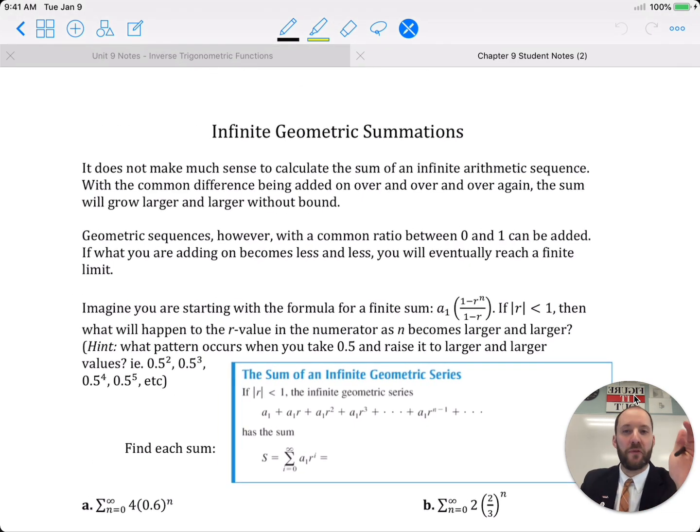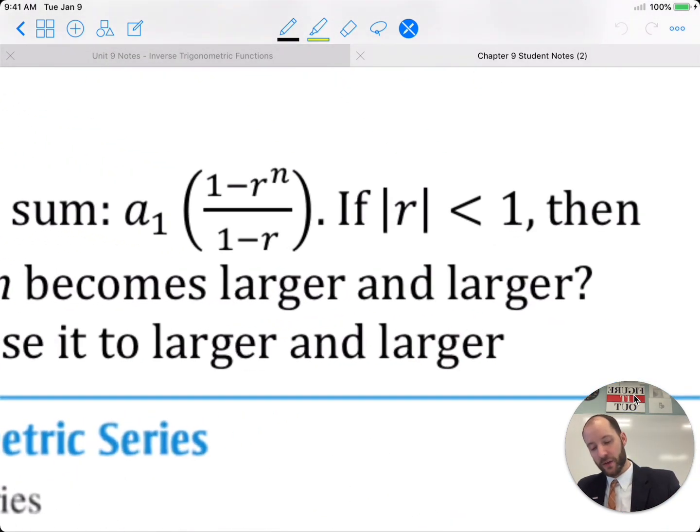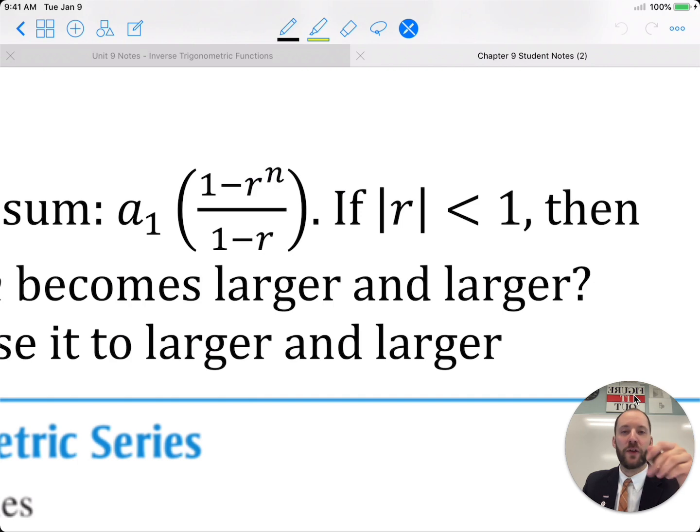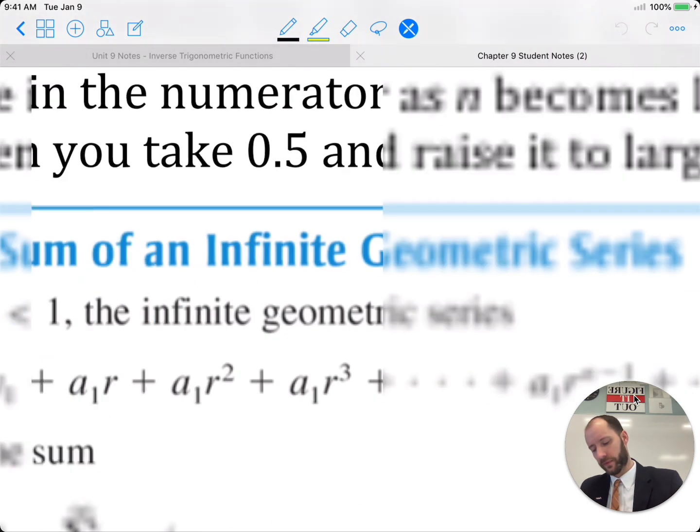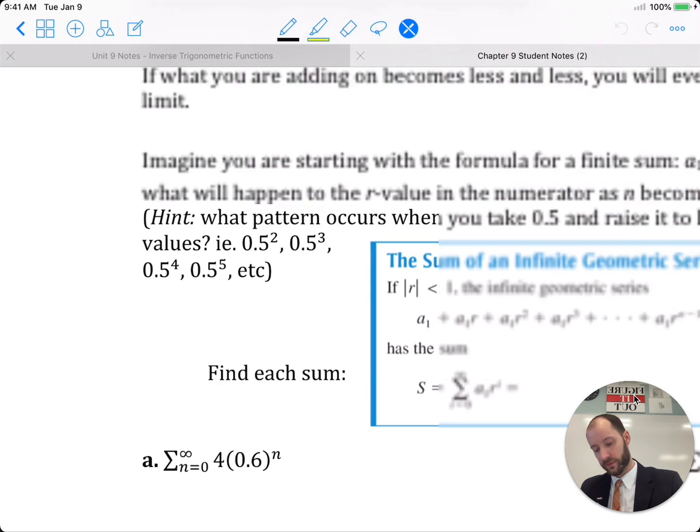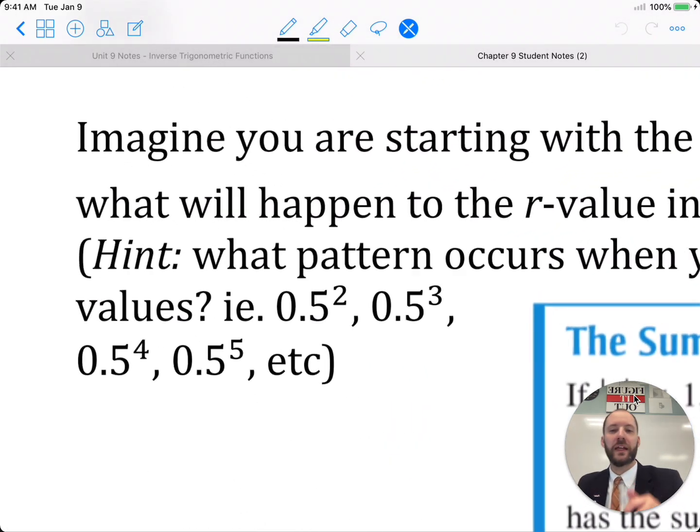Now we can have infinite geometric summations if the absolute value of r is less than 1. So any kind of fraction between 0 and 1, positive or negative. Because think, what happens if your ratio is like 0.5? It gets raised to the second, raised to the third, raised to the fourth, raised to the fifth, and so on.